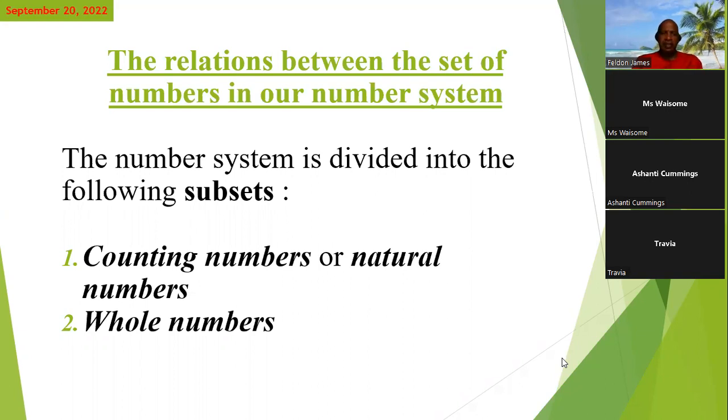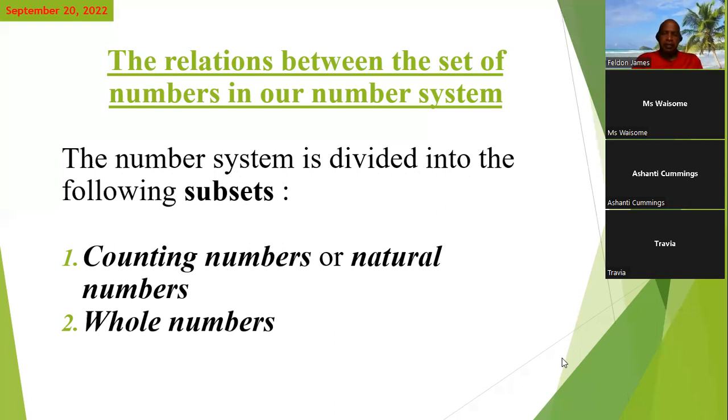Now, I'm not going to comment on what you are all saying about numbers, because at the end of it all, I will be giving you clarification of what these numbers are and how to differentiate among them.